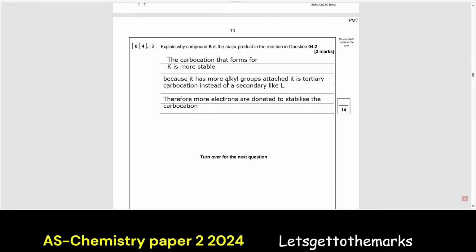The cloud of electrons of each of the alkyl groups moves towards that positive charge, stabilizing it. Anyhow, the carbocation is more stable. There's more alkyl groups. It's a tertiary carbocation. So there's more electrons that are donated. Yeah, three of those will get us the marks.